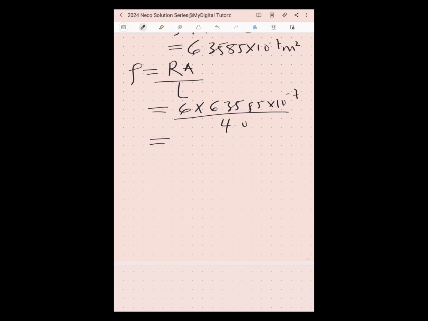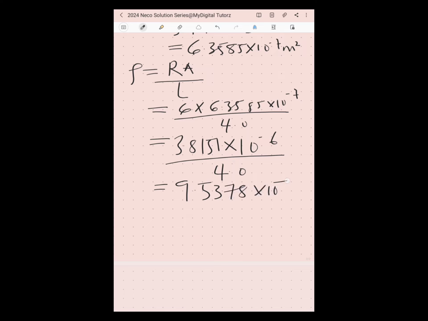Multiplying the numerator gives us 3.8151 multiplied by 10 raised to power minus 6 all over 4.0. Dividing the numerator by the denominator gives us 9.5378 times 10 raised to power minus 7 ohm meter. So that is the unit of resistivity.